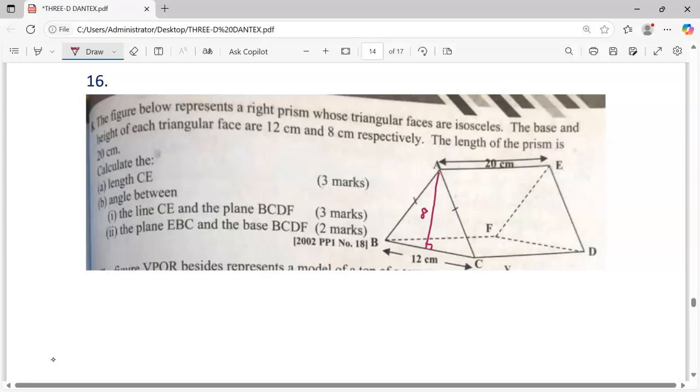For us to get the length CE, we are first going to get the length AC.